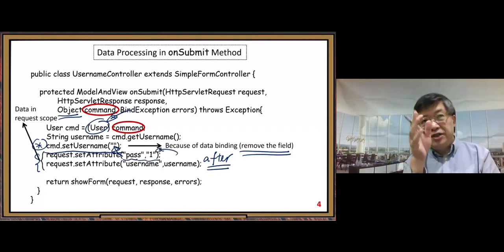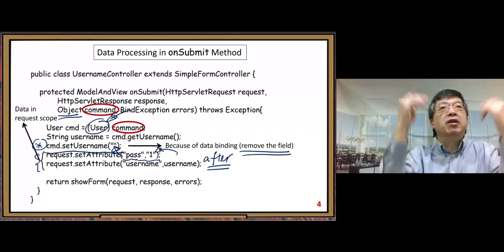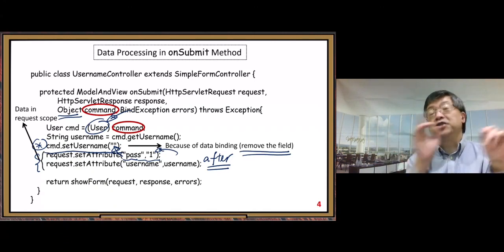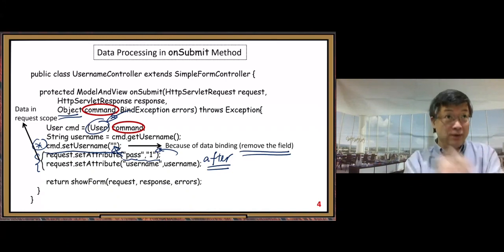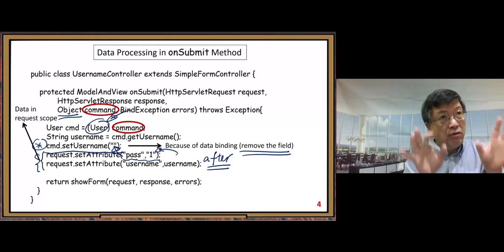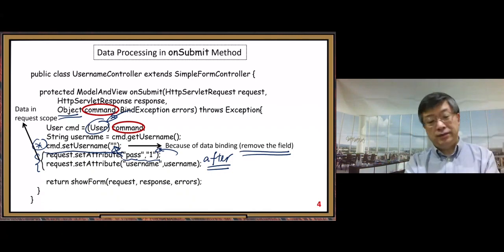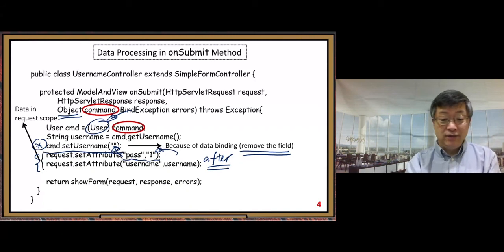If the pass piece has the value 1, then this is the second time we display the page. Otherwise, it's the first time. That's the purpose. So we use this request scope attribute to do that. All right. Otherwise, you may feel it is very hard to understand why we do this.